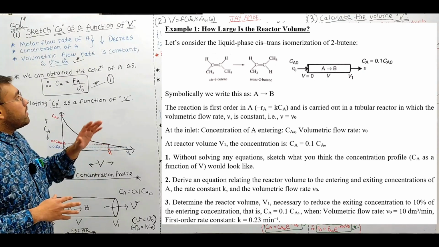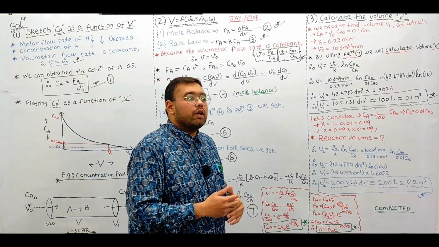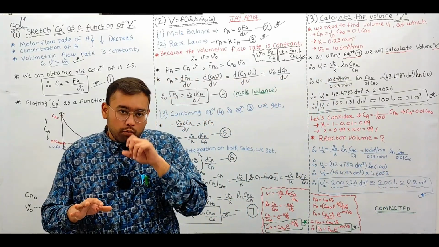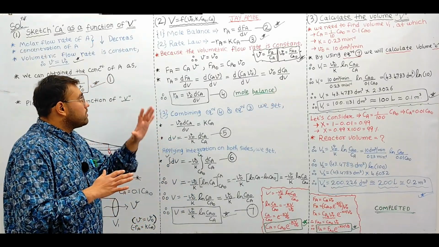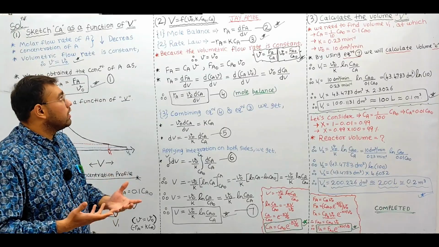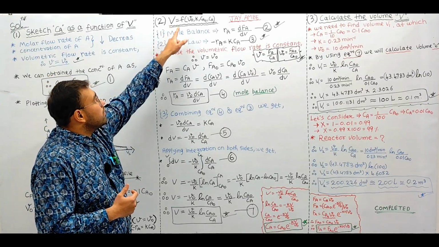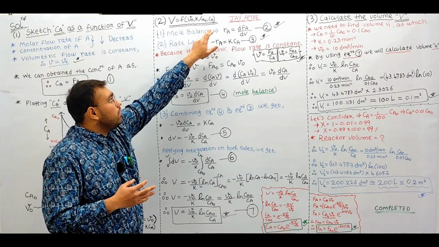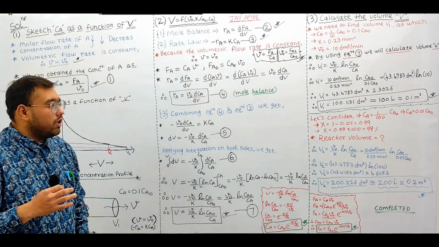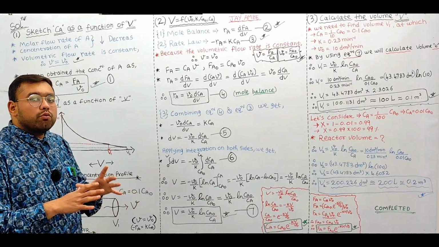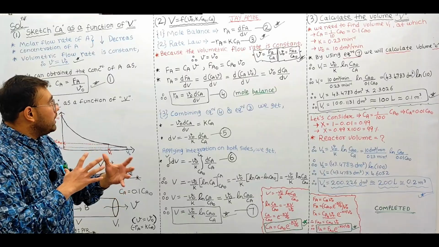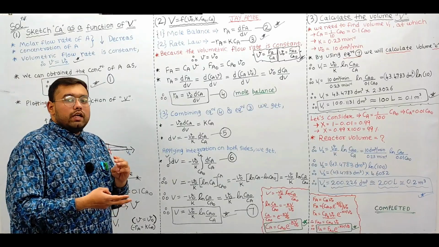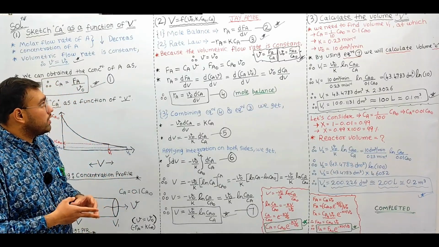So in the second part we have to derive an equation which relates volume as a function of volumetric flow rate nu naught, rate constant k, exiting concentration Ca, and entering concentration Ca naught, right?